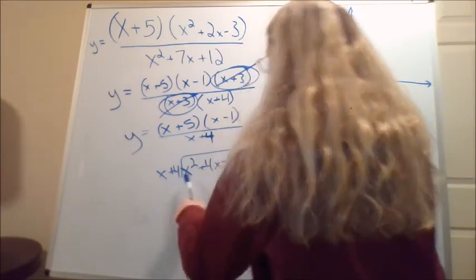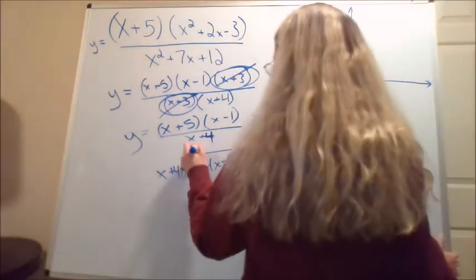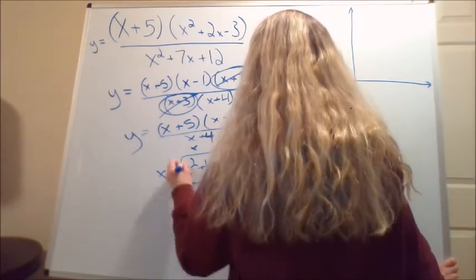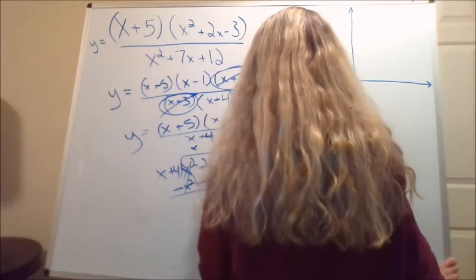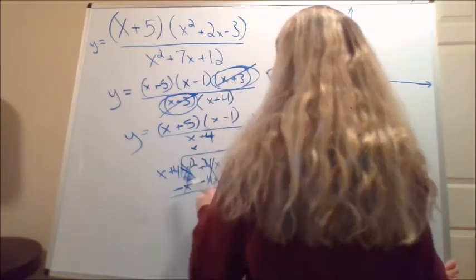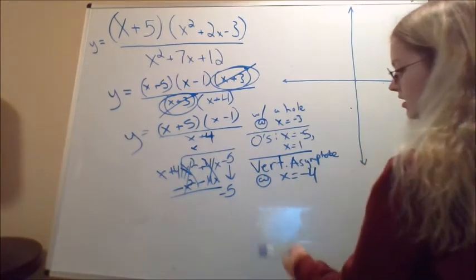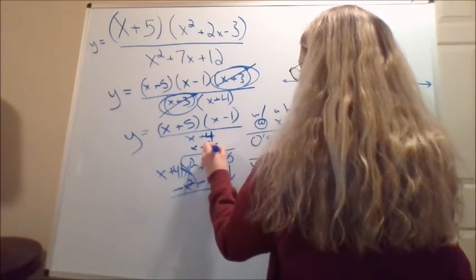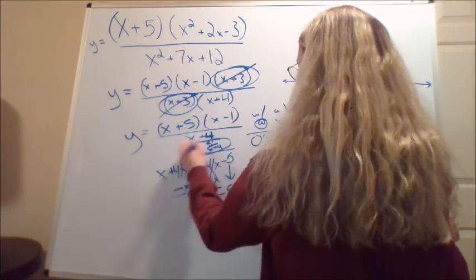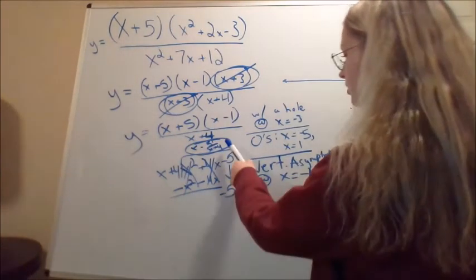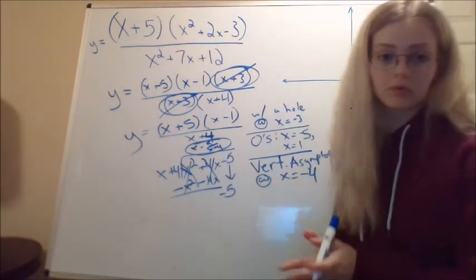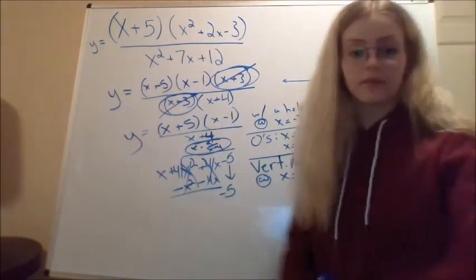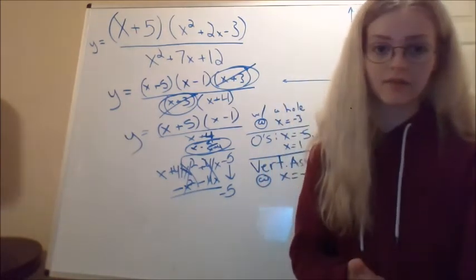And so using our polynomial division skills, we'll put an x up here, put an x squared and 4x down here, subtract these two, bring down a negative 5, and then since the degree of negative 5 is less than the degree of x plus 4, we'll put this as our remainder. So this is our quotient. And when we're taking our slant asymptotes, we really want to be looking at what this expression does at very, very large or very, very negative values of x.